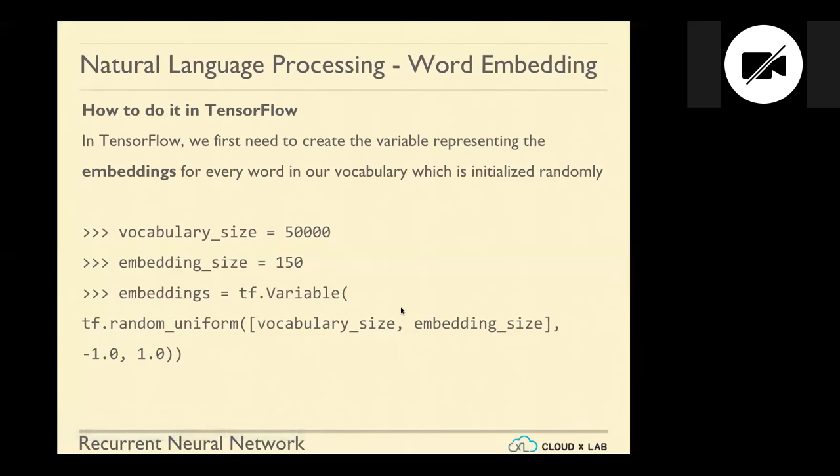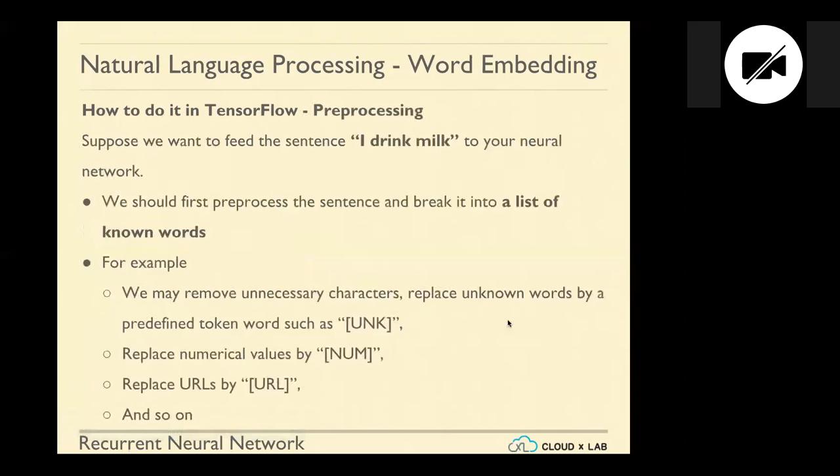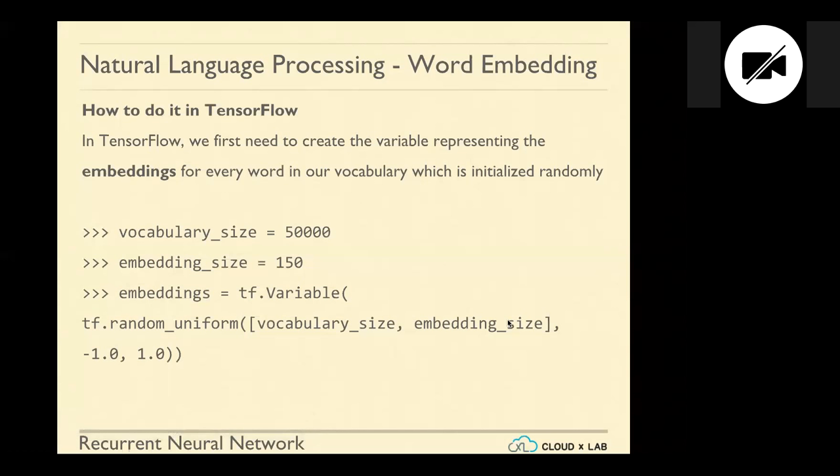We have a certain data set, and now we are going to create the embedding. Initially, we are choosing the size of the embedding vector as 150, and here we are filling it with random numbers initially.